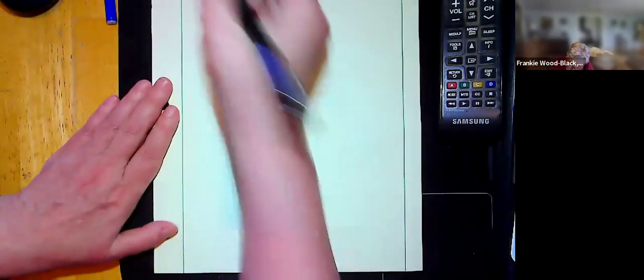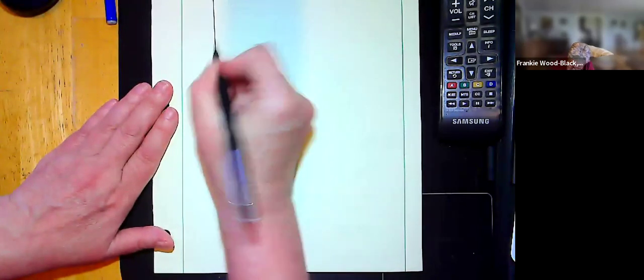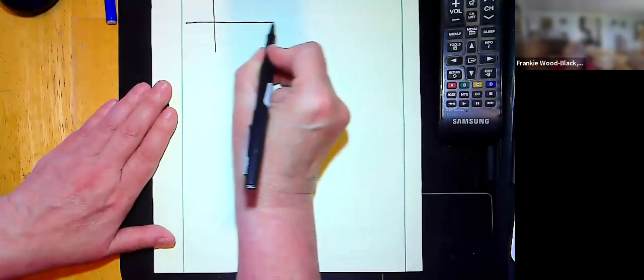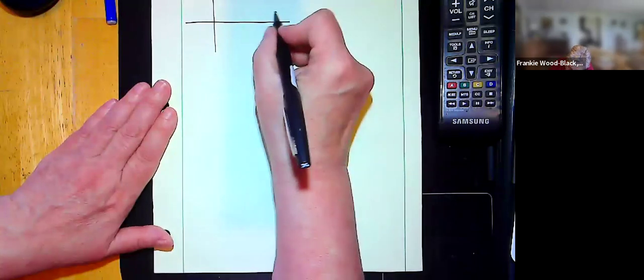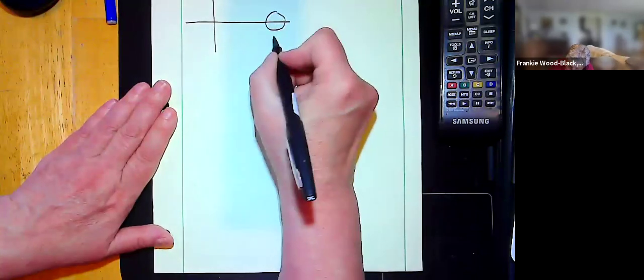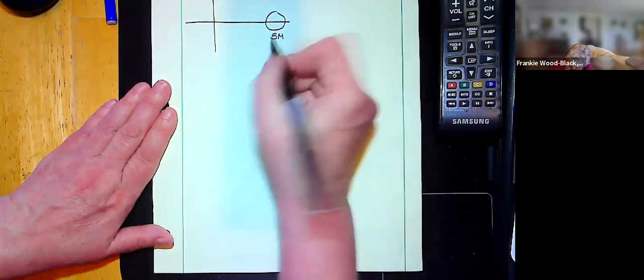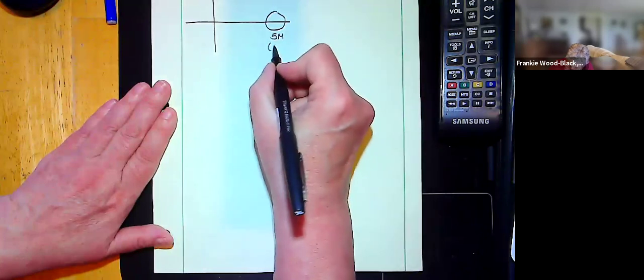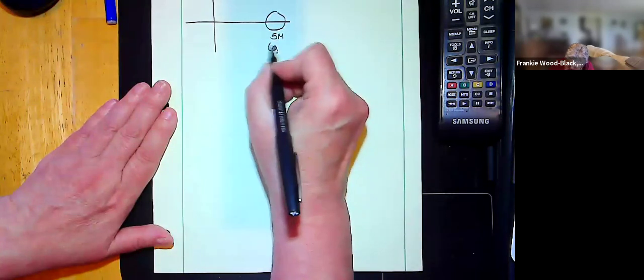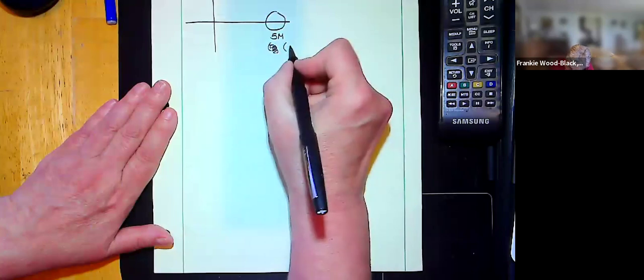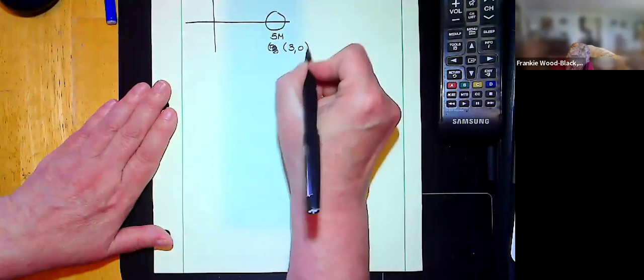So I'm going to take a series of objects. I'm going to have a big mass here. So this is going to be 5m, and we're going to have it at 3, 0.